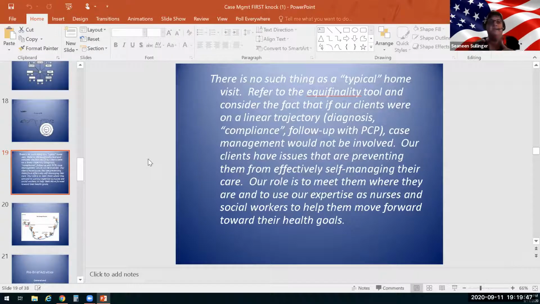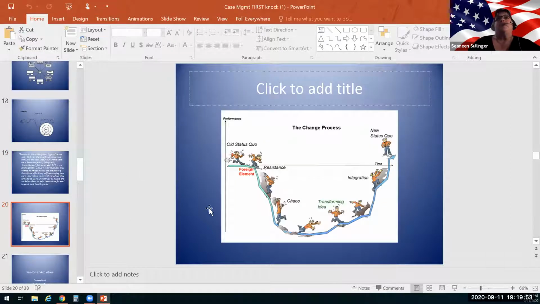We can give them some tips or have them tell us what's worked for them in the past. So this is in order to get change, right? The change process, you start them where they are. Say they need to do some exercises for their cardiac health, there's going to be resistance. I don't wanna do it. And it's gonna be chaos.